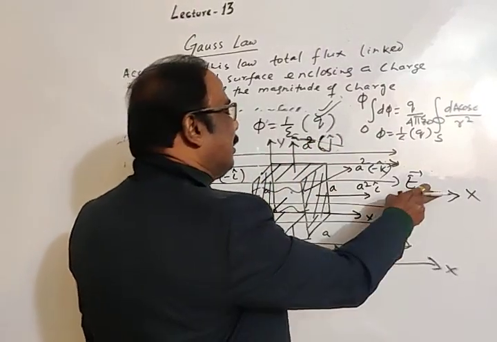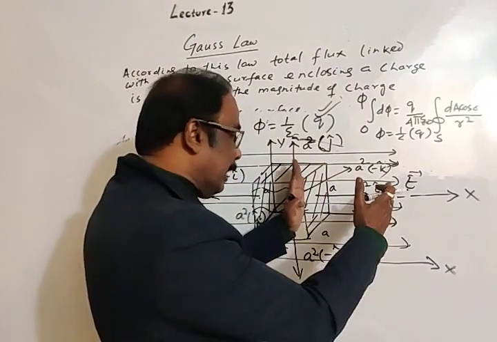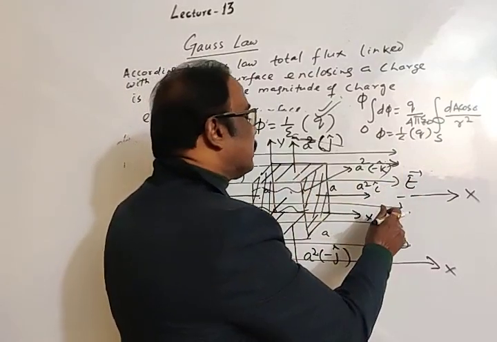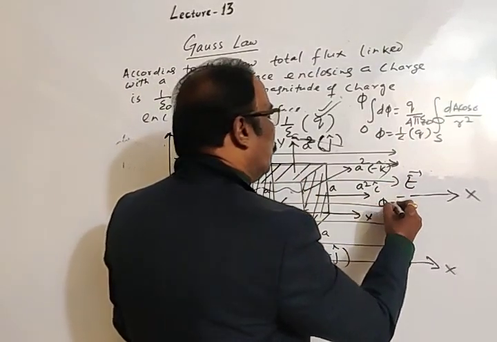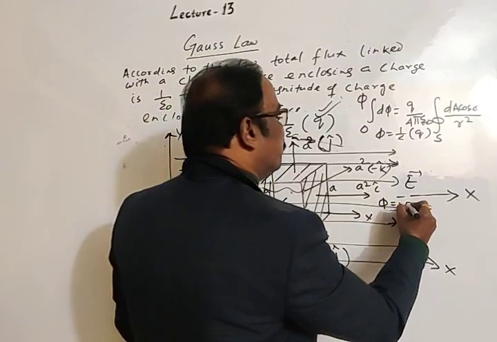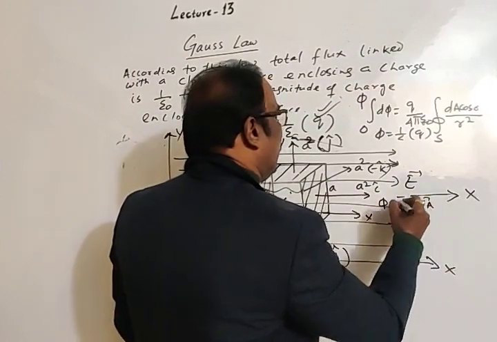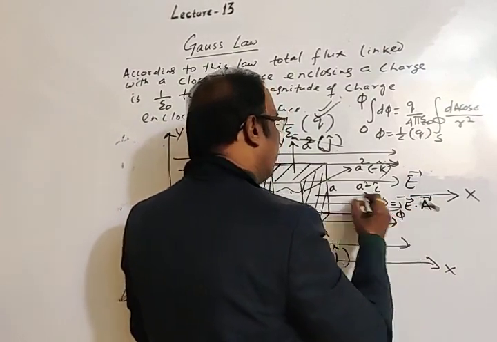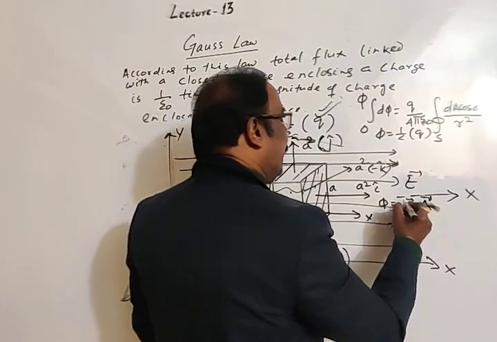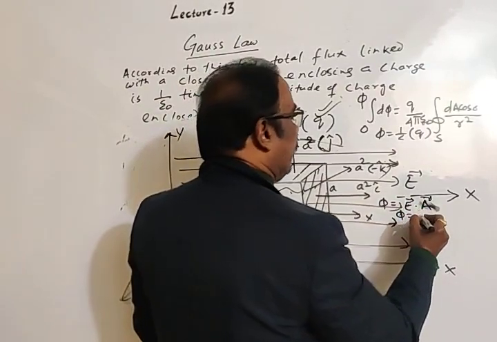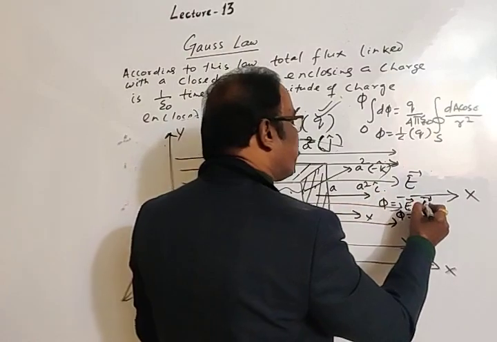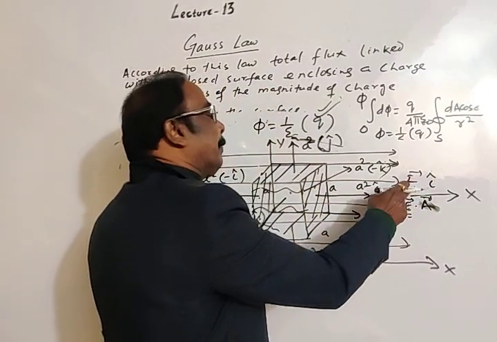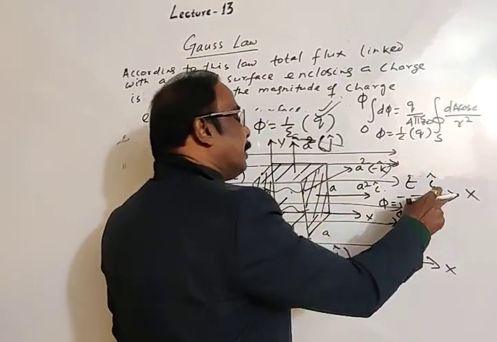So electric flux from this surface, direction of this surface area is along x-axis, and as we know, electric flux is E dot A. So flux from this surface is, electric field is E vector, area vector is A square i cap, both are in same direction, means electric field has magnitude E, direction along x-axis.